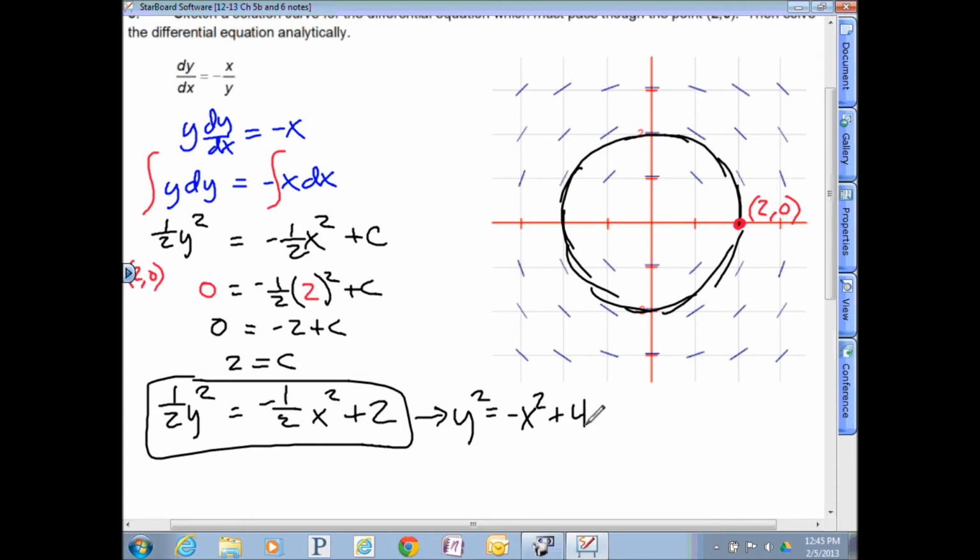And if I move the x squared over, I'd have the equation x squared plus y squared equals 4, which is the equation for a circle with radius 2 and the center at the origin. So there are a lot of different ways that you could do this. A lot of people like that version the best. But that is an equation found both analytically and graphically for the solution to this particular slope field.